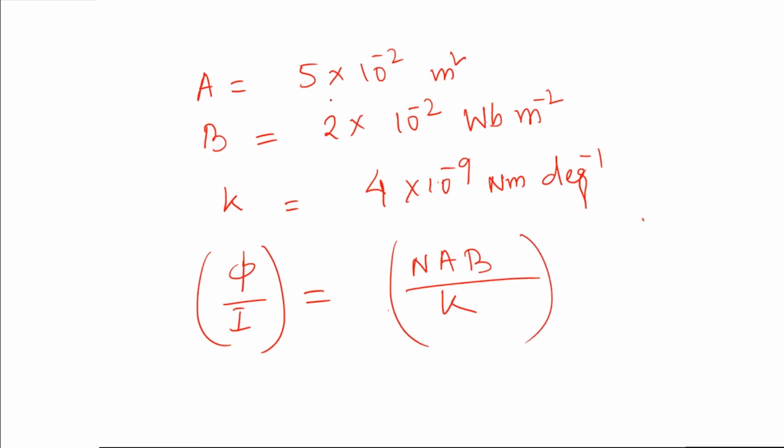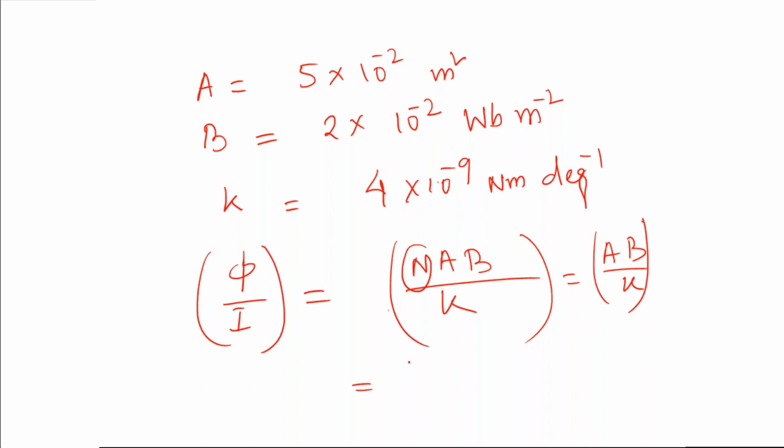So all the things are given. Here the number of turns is not given. Then what should I take? This I will take as 1. Then A B by K. If you do this, you'll be able to get this current sensitivity.